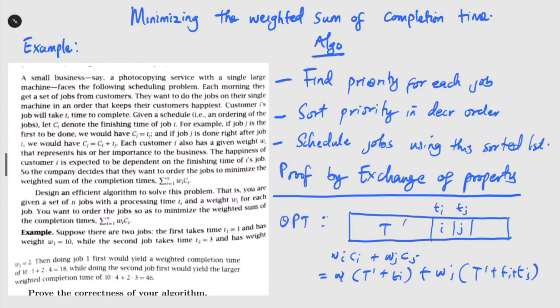Writing this out, we have WI times (T prime plus TI) plus WJ times (T prime plus TI plus TJ), and when we refactor, we're going to have T prime (WI plus WJ) plus WITI plus WJTJ plus WJTI.